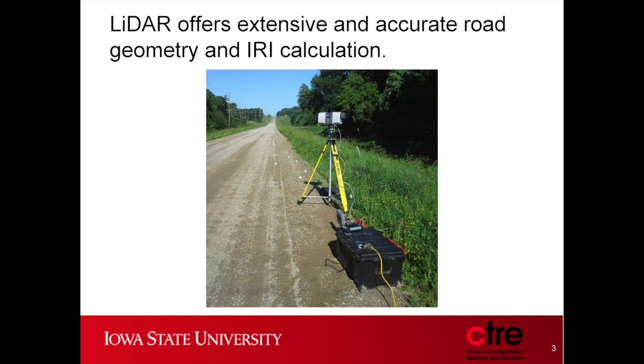So stationary LiDAR is a little bit slow compared to other systems like LCMs or mobile LiDAR, but the advantage of stationary LiDAR is the very high accuracy of the system, and it has been tested against inertial profilers, and it's giving very exact measures, I would say, with very high accuracy, and sometimes even exceeding the capabilities of inertial profilers, amazingly. So we've used LiDAR in a couple studies for road geometry and IRI calculations.